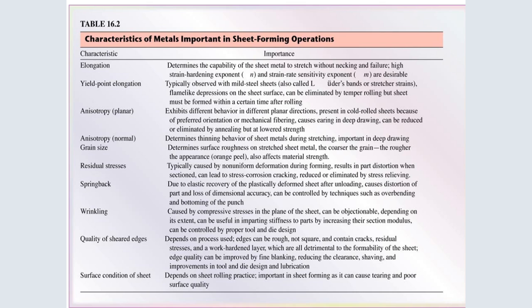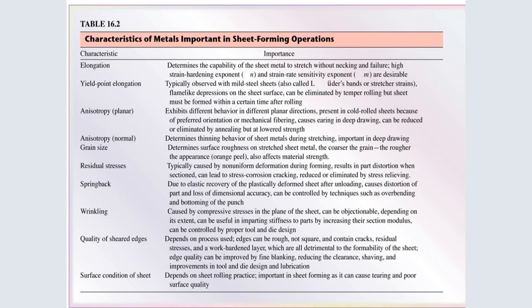So the causes of distortion are part of the loss of dimensional accuracy. That is the springback. The properties of that metal should be able to spring back. And then wrinkling, caused by compressive stress in the plane of the sheet, and it can be objectionable depending on its extent. Another one is the quality of the sheared edges.